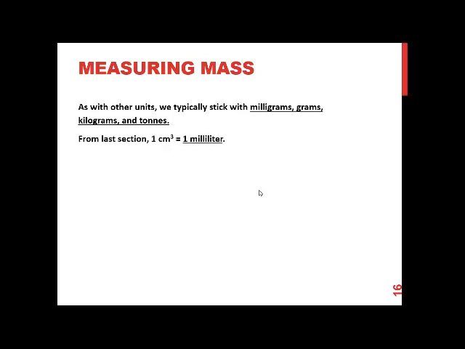Now let's remember from last section that 1 cubic centimeter is 1 milliliter. Now let's add that 1 milliliter of water has a mass of 1 gram, or 1 gram of water has the volume of 1 milliliter. So that gives us a nice clean conversion between these different units.